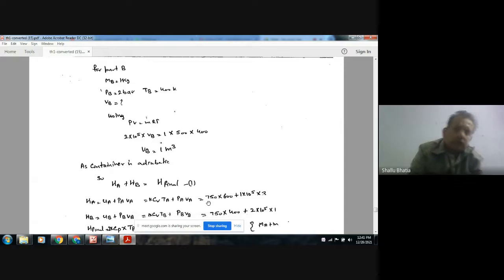Now when the piston is removed, the two portions of the gases get mixed and the total volume becomes 4.